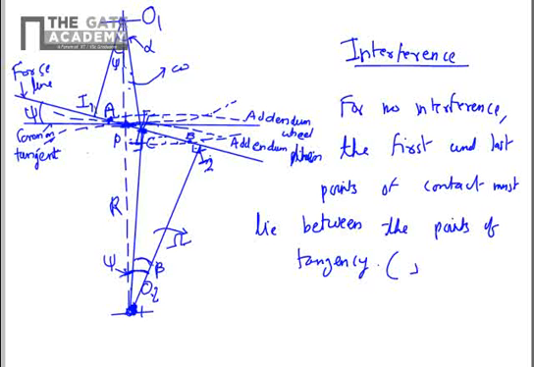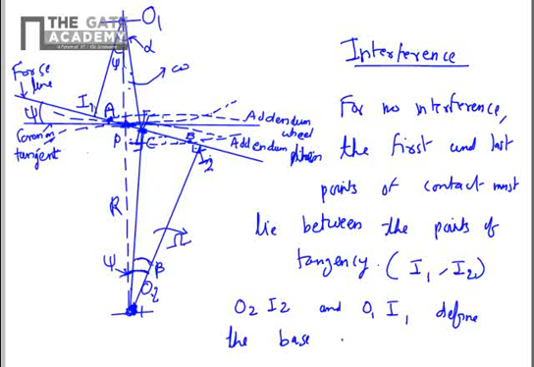The points of tangency being I1 and I2 in this diagram. So these are the points where the normal is drawn from the center to the force line, and O2, I2 and O1, I1 define the base circles. So the point of contact, let's say B here, it should lie between I1 and I2. It should not cross the I2.